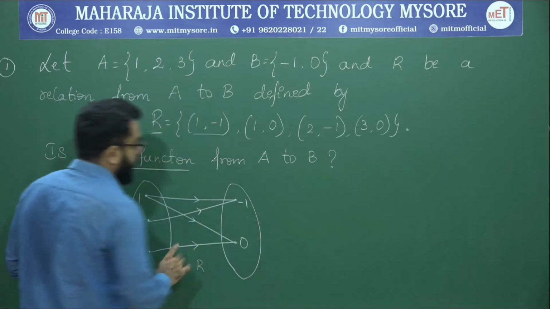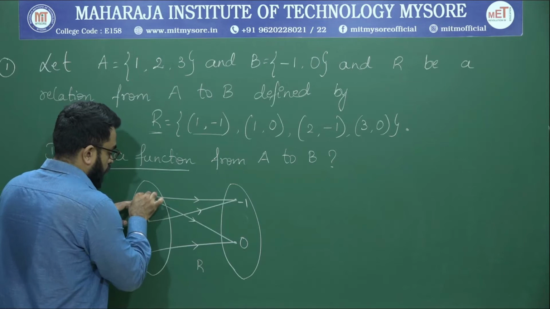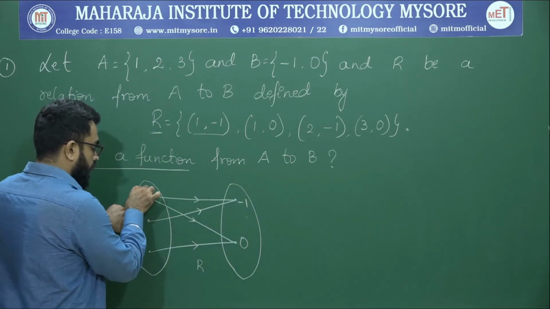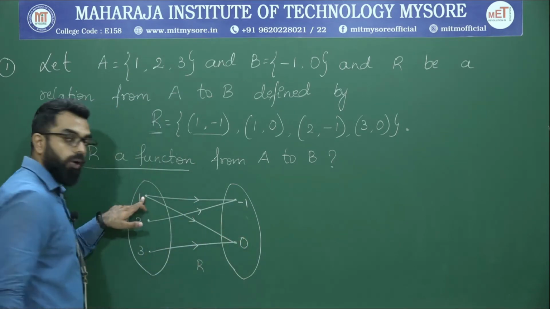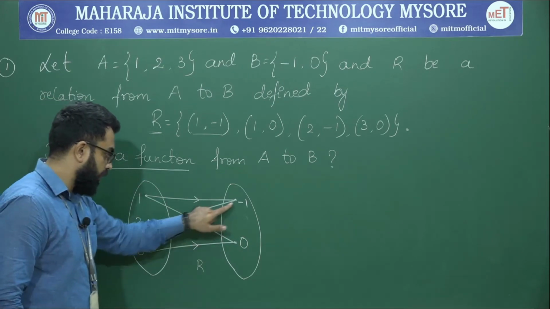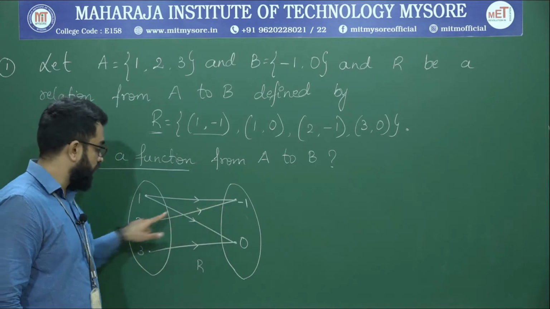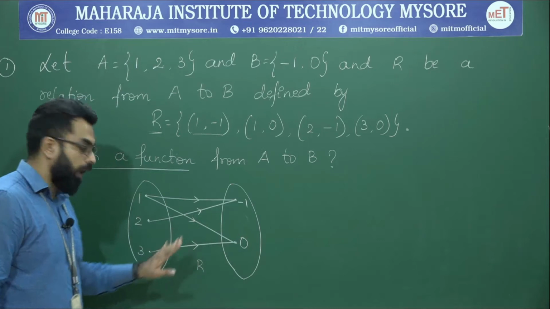But does that happen here? Please observe, element 1 of set A is mapped to -1 and element 1 of set A is again mapped to 0 also. Forget about 1, go to 2. 2 has a unique mapping. Yes, it does, and that is valid. And element 3 also has a unique mapping, 0.